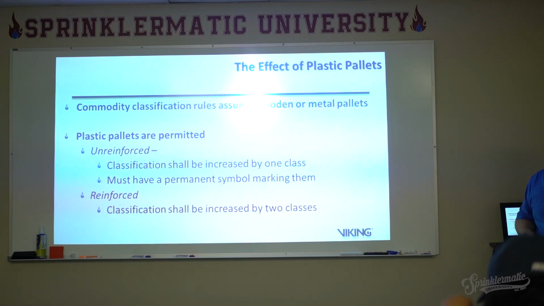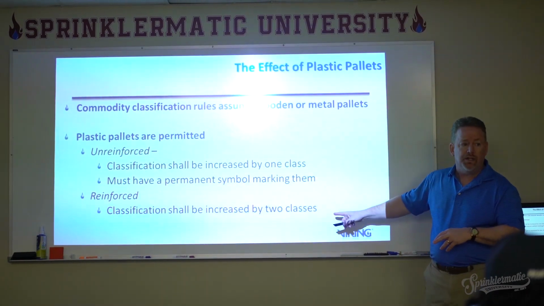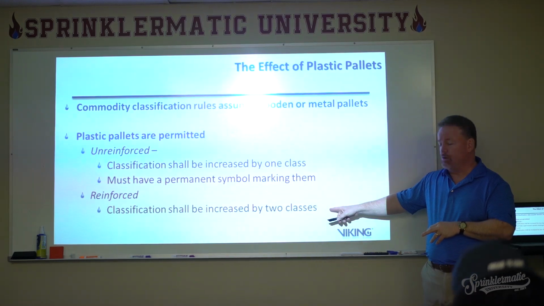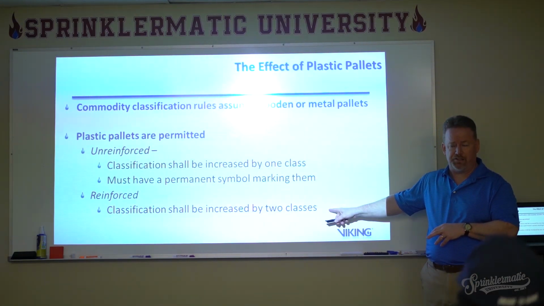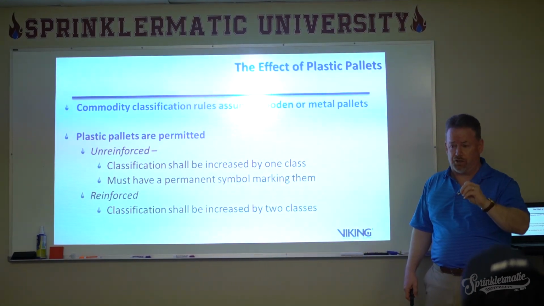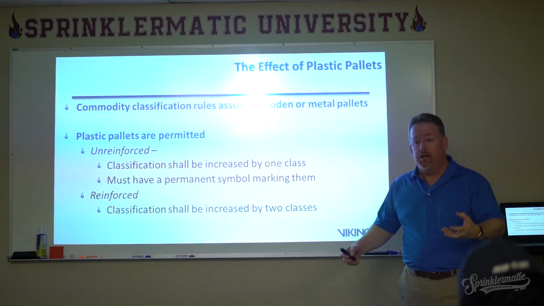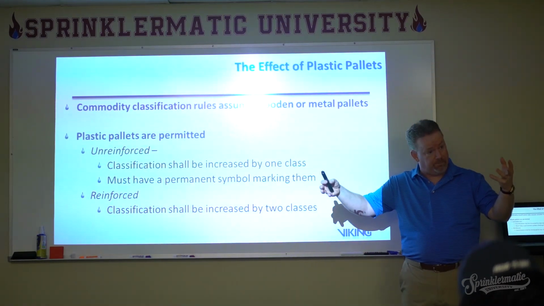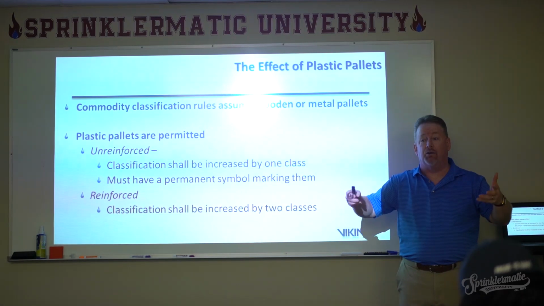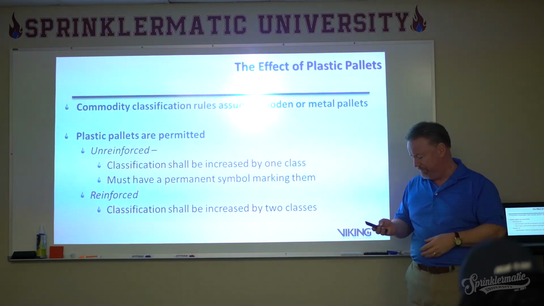Unreinforced goes up 1 because it will lose its structural stability and fall apart during a fire. Reinforced goes up 2 classes because these pallets will not lose their structural stability in a fire, or will resist it much longer, holding the pile up and keeping stability in the pile, which allows it to burn easier than if the pile falls in on itself.